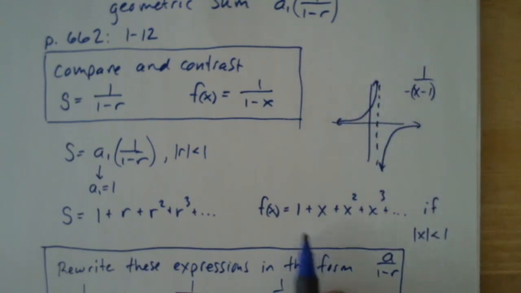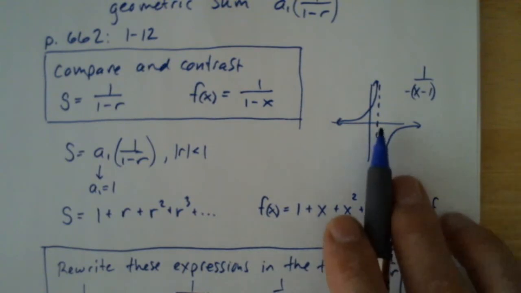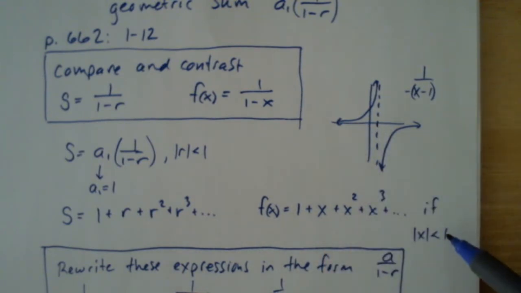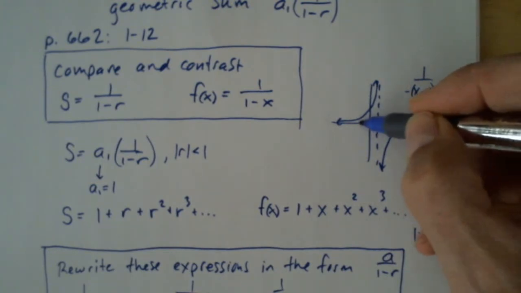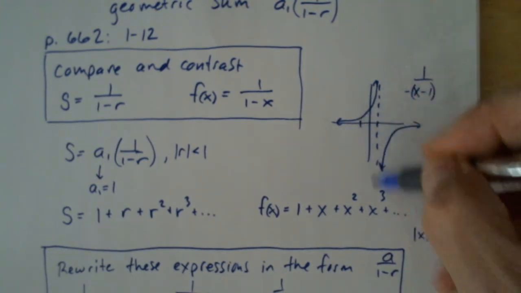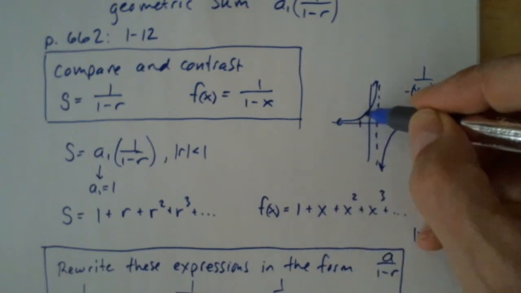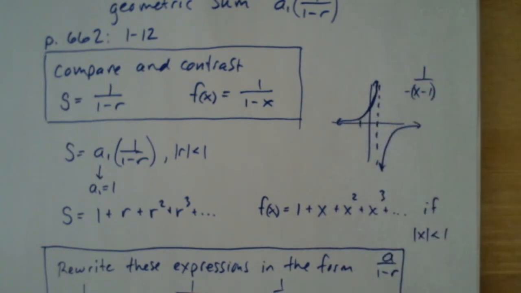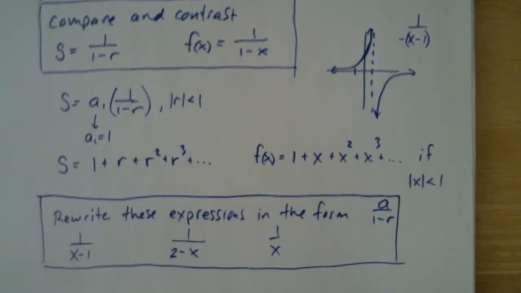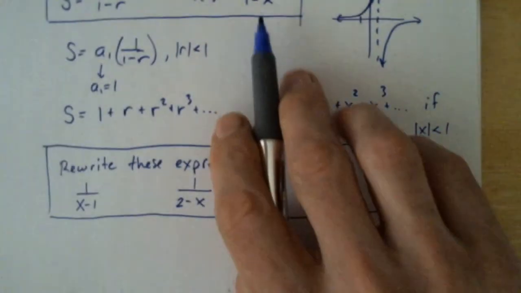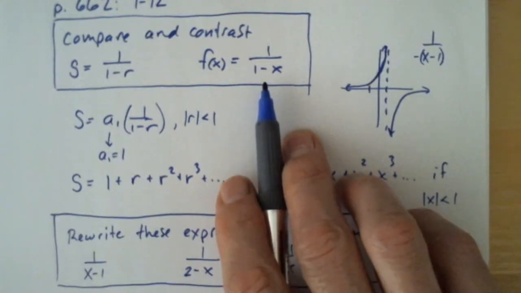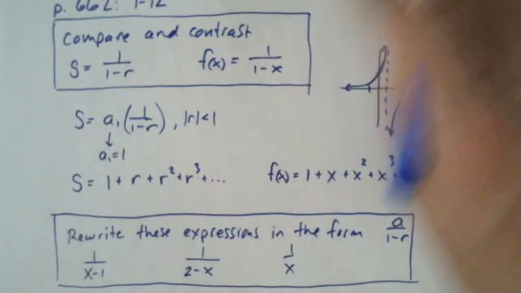And this series will be the same as this graph. The values of this will be the same as this graph between 1 and negative 1. So between 1 and negative 1, the graph of this will be exactly the same as the graph of the given function. And so our goal today is to rewrite functions to look like this, and then we'll know what the series is going to be.